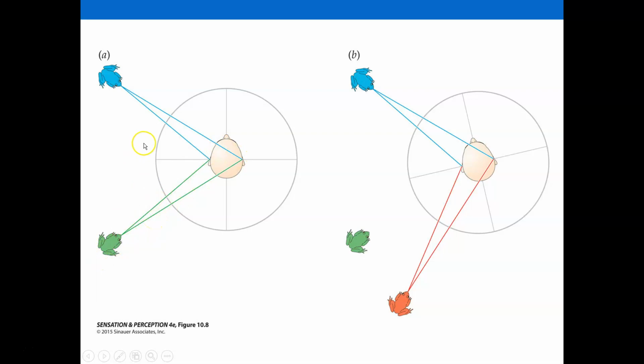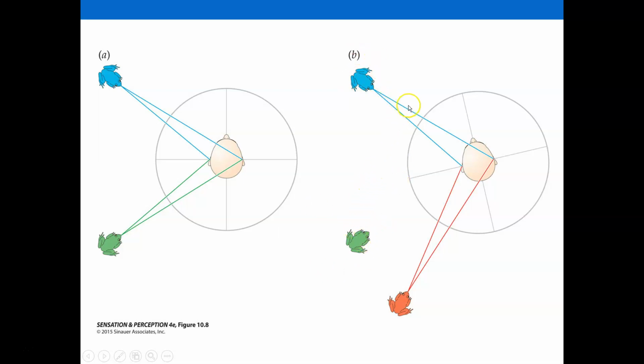Both of these frogs' noises will evoke the same ITD as well as the same ILD, because at least in terms of the azimuth, they are equally distant from the ear. So if I briefly turn my head counterclockwise, I can figure out that the noise I'm hearing is the blue frog and not the green frog.